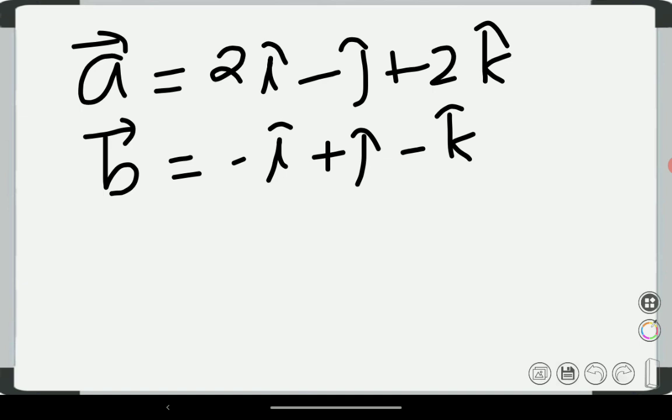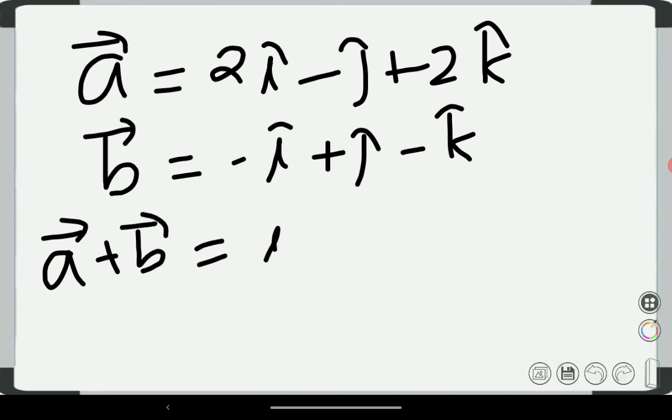The question is: find the unit vector in the direction of the vector A plus B. So first to find A plus B. What is A plus B? 2i plus minus i means i, minus j plus j means 0j, 2k minus k means k. So this is our A plus B.